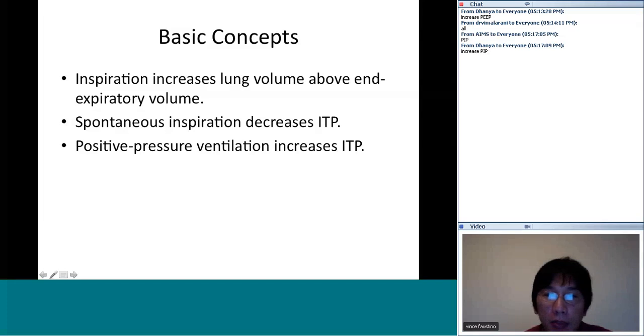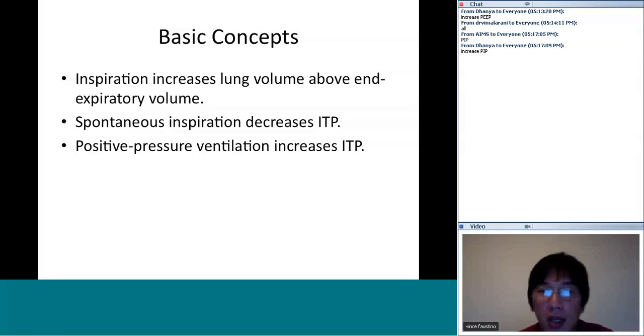This is completely different when you're doing positive pressure ventilation. In positive pressure ventilation, the intrathoracic pressure increases because the force that's driving the air in comes from the ventilator. To a certain extent, it's just like breathing like a frog, where the frog gasps, takes in a big gulp of air, and that forces the air down to the lungs because frogs don't have diaphragms.